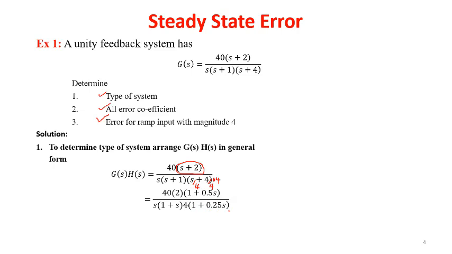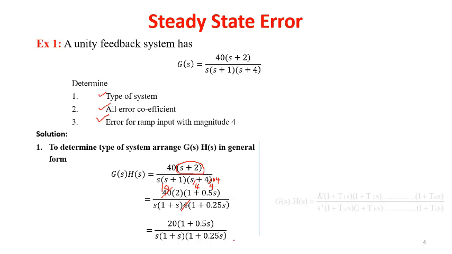After simplification, the 4 cancels, so it will be 10 multiplied by 2, that is 20, and we get 20 times (1 plus 0.5 S) whole divided by S (1 plus S)(1 plus 0.25 S).